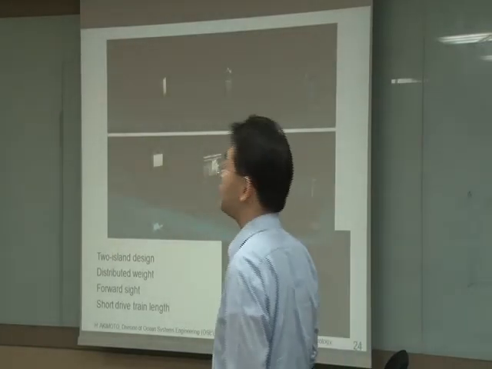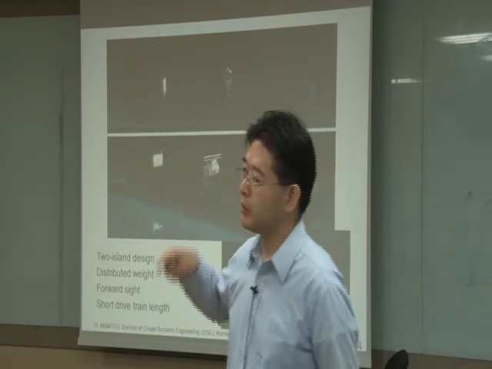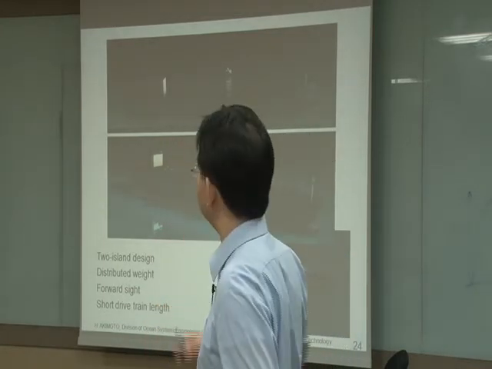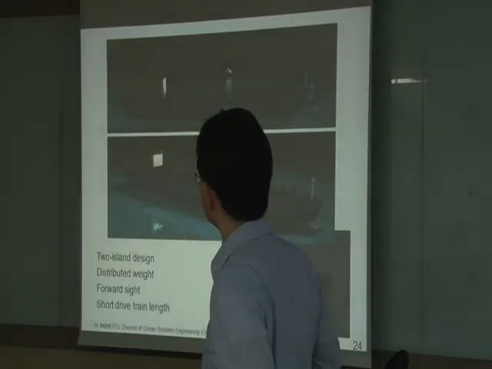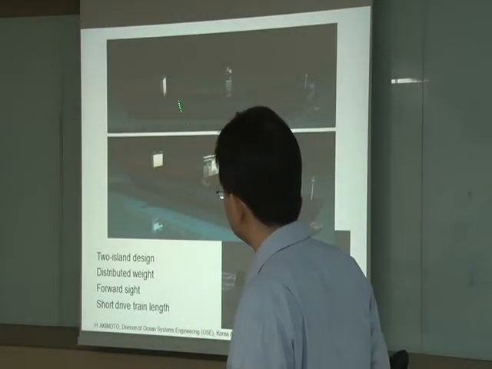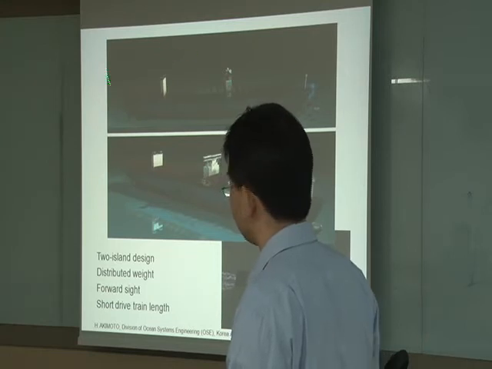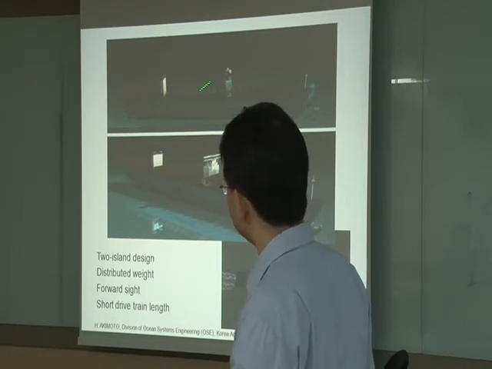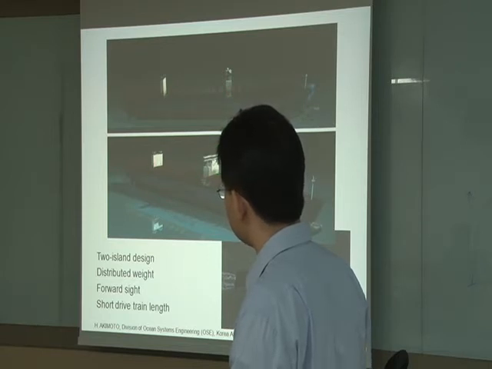So could you go over to the right? This shows a computer graphics image of the 2-island design. The bridge is here, and this is the funnel.